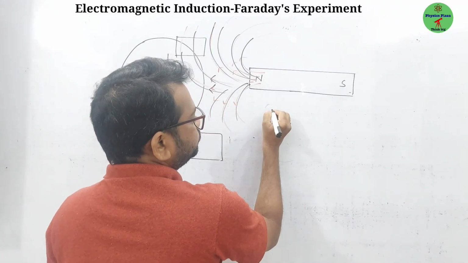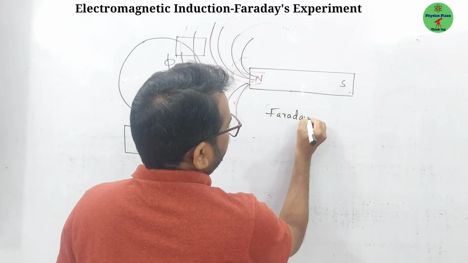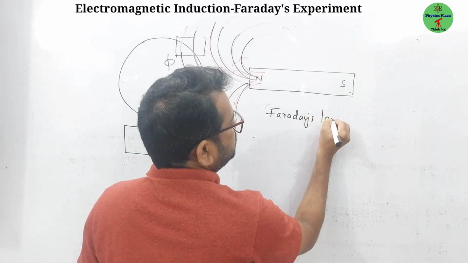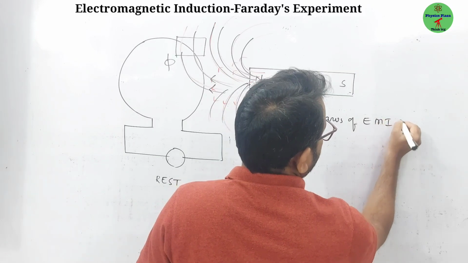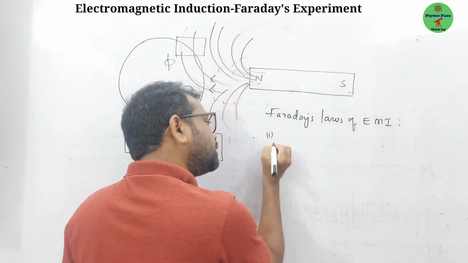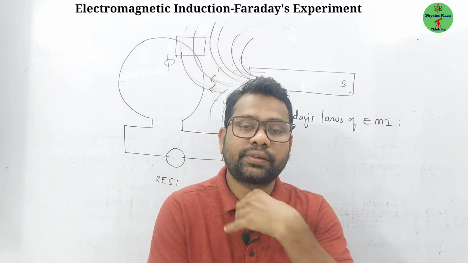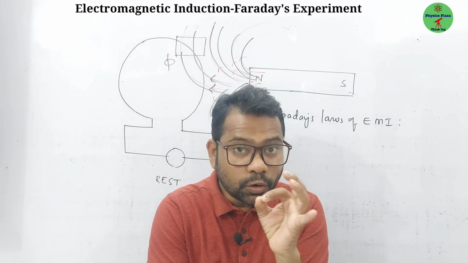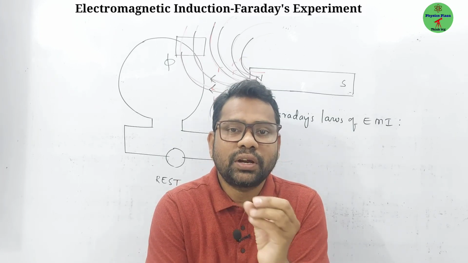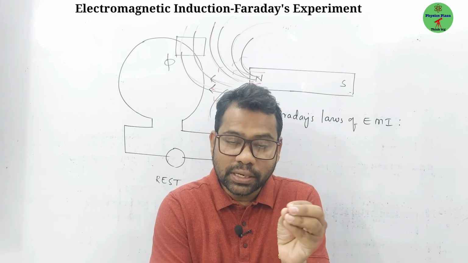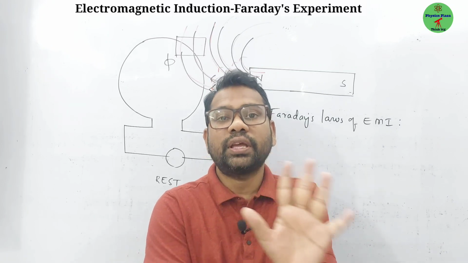The first one, so Faraday's laws of electromagnetic induction. So what is the first one, children? There must be some magnetic flux linked with the coil that should change. Again, I am telling you. Whenever the magnetic flux linked with the coil is changed, there is an induced EMF.